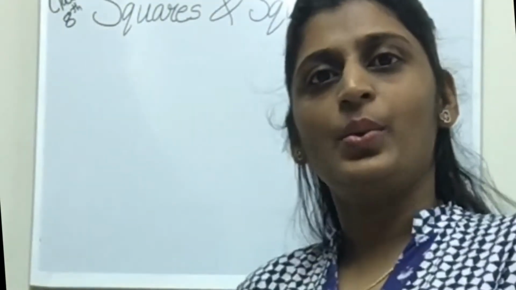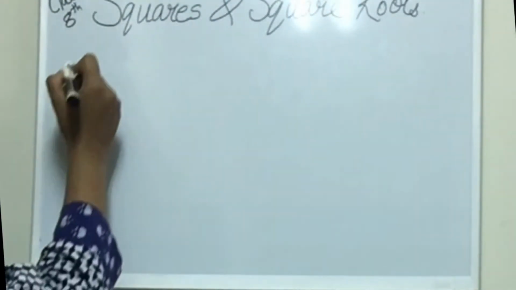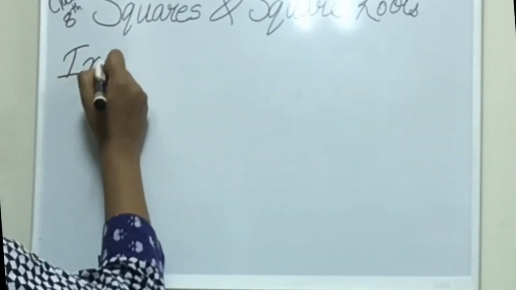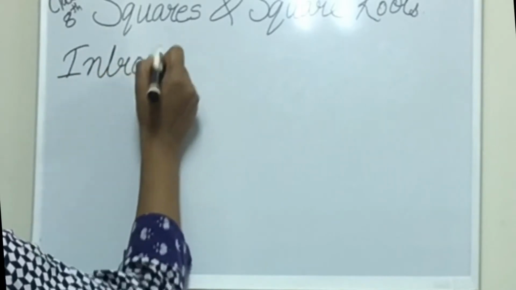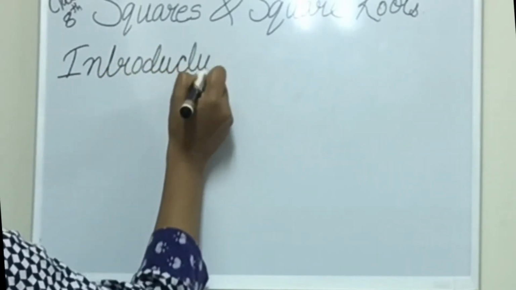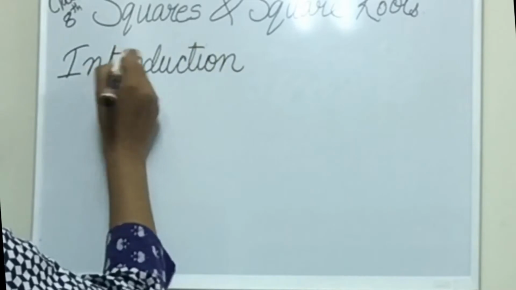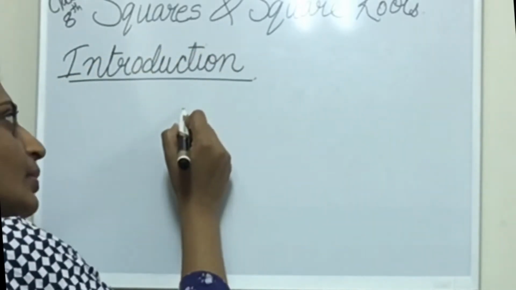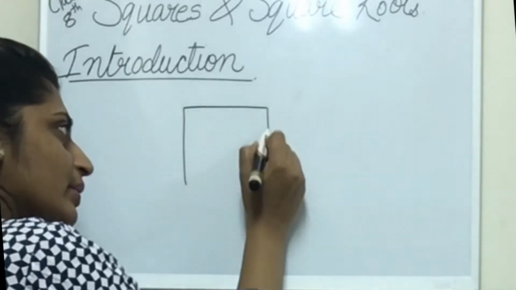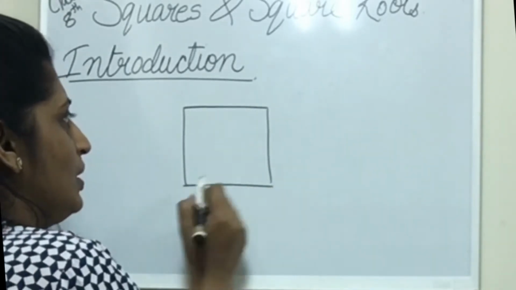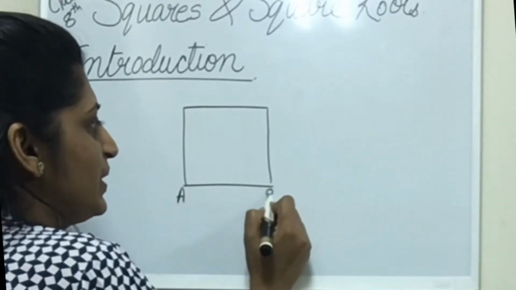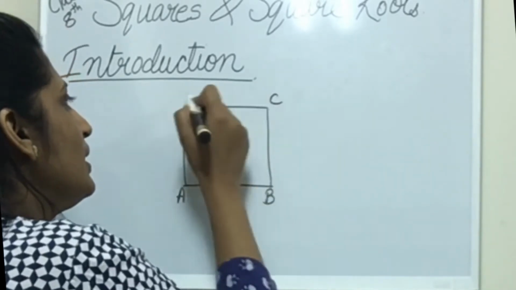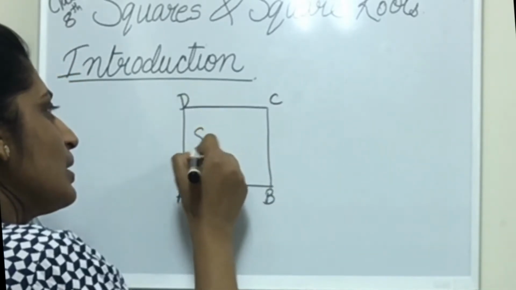Let's begin with squares and square root. So here is the introduction to the topic squares and square root. Okay, this is a square whose vertices are A, B, C, D, right?